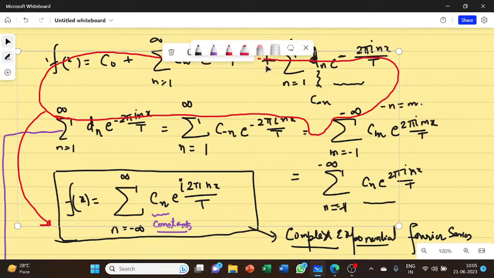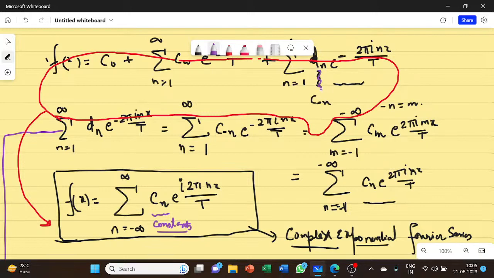Do you understand my point? The child is asking that if you replace dn by c minus n, why are you not changing minus n to plus n here, right? I am just changing it for the sake of understanding, nothing else. You just think of it as some constant being replaced by c minus n.